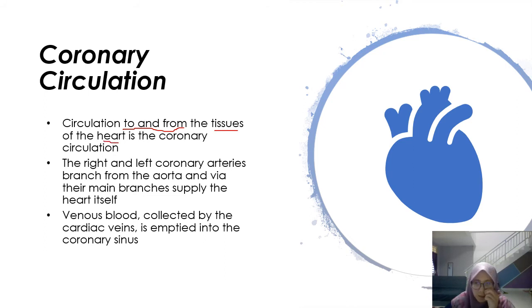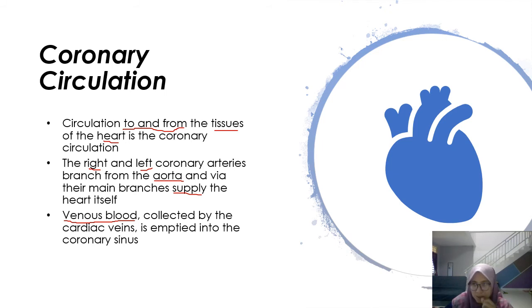It is divided into right and left coronary arteries, which branch from the aorta, and via their main branches they supply the heart itself. Venous blood collected by the cardiac veins is emptied into the coronary sinus.